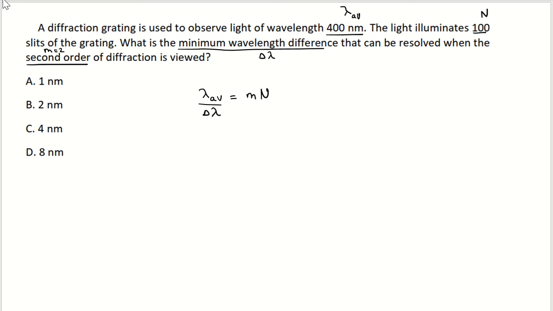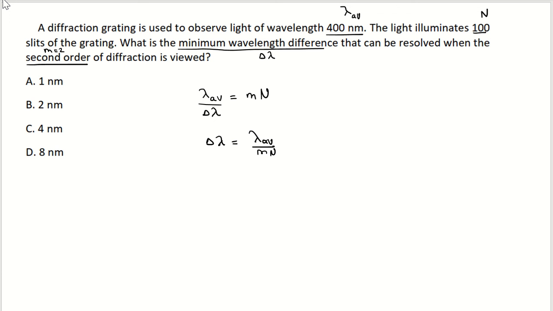He's asking for delta lambda, so delta lambda equals the average wavelength over m n. Sometimes he gives you one wavelength and this is the average, and sometimes he gives you both of them and then you have to find the average. We will see this in another example.